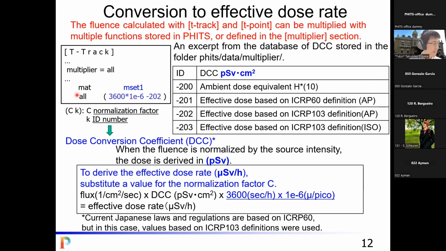In this case, the conversion coefficient is a -202, which is for effective dose based on ICRP publication 103 AP irradiation. Of course, you can use other dose conversion coefficients.